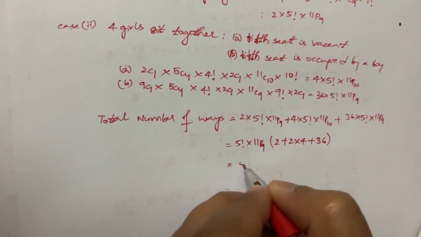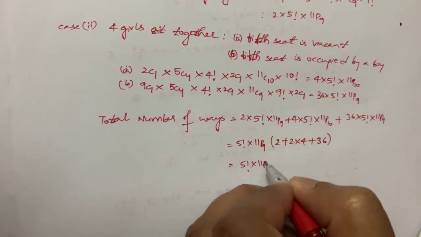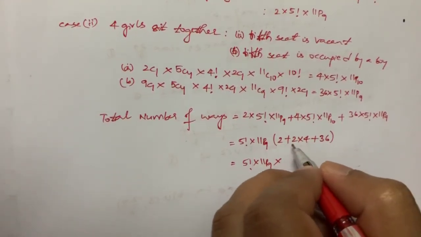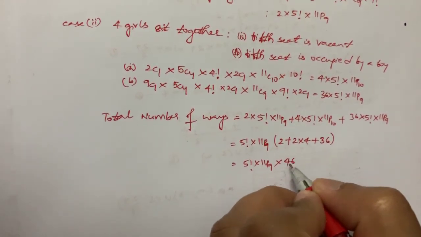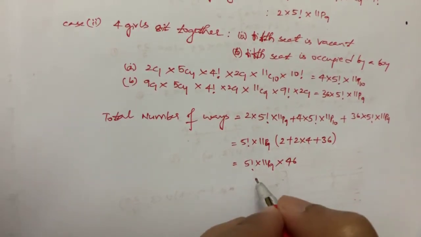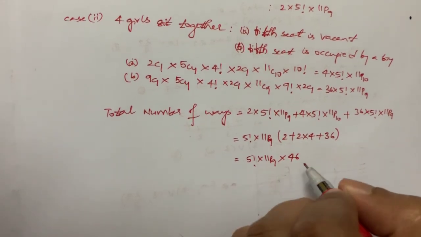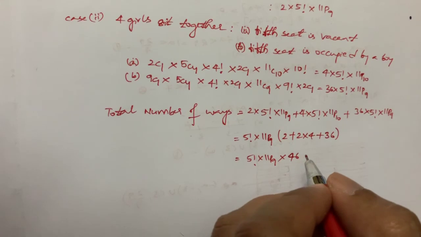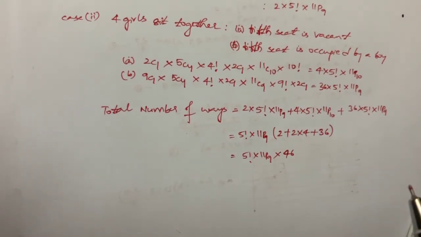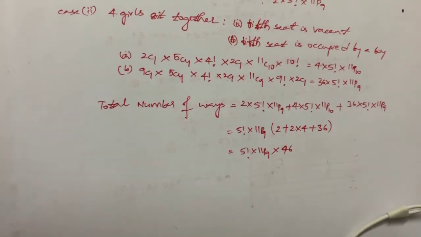So 5 factorial into 11P9 into, 2 plus 8 is 10, 10 plus 36, 46. The total number of ways is 5 factorial into 11P9 into 46. So this is the total number of ways in which the 9 boys and 5 girls can be arranged in 2 vans.